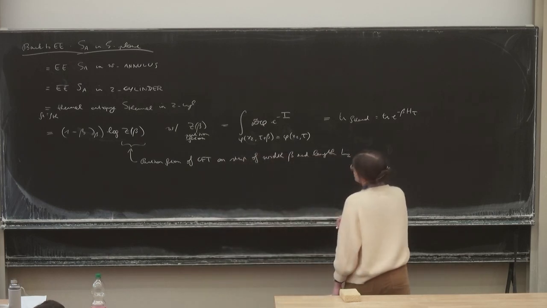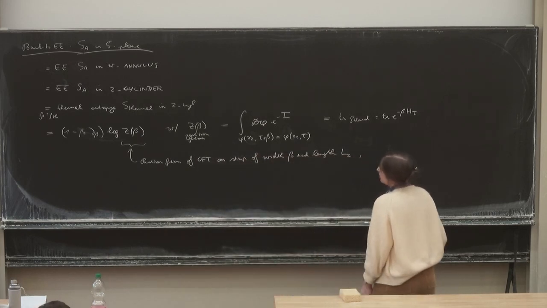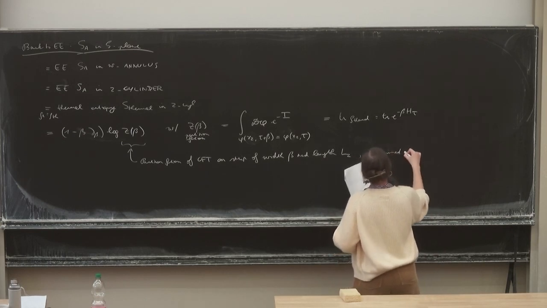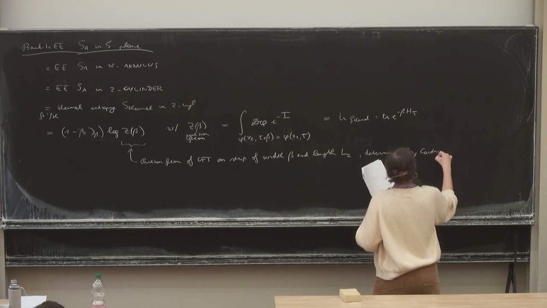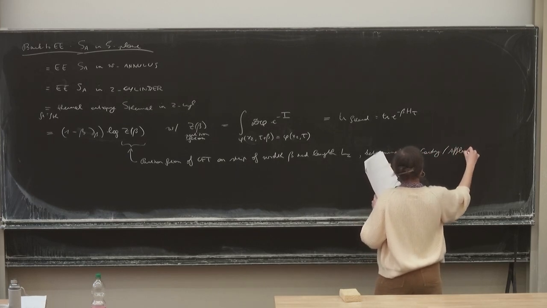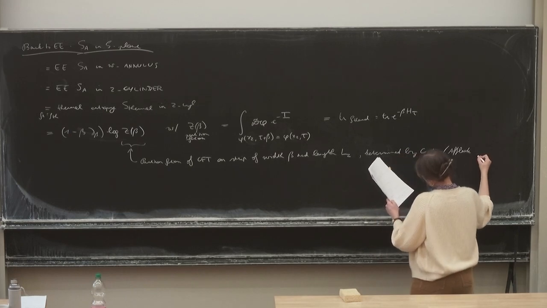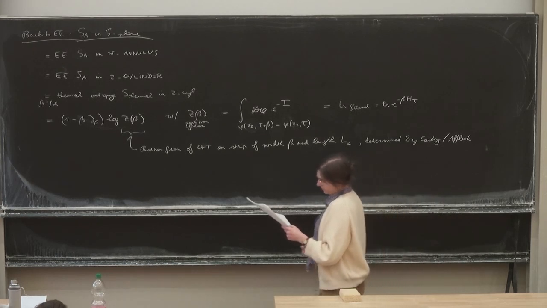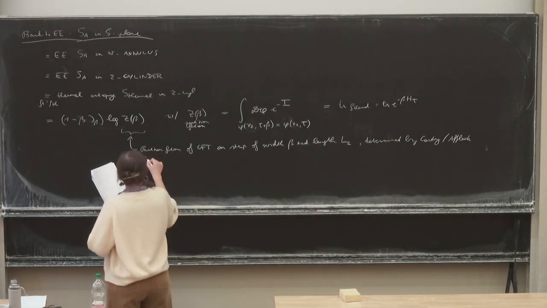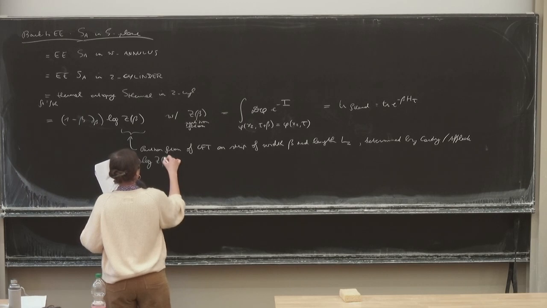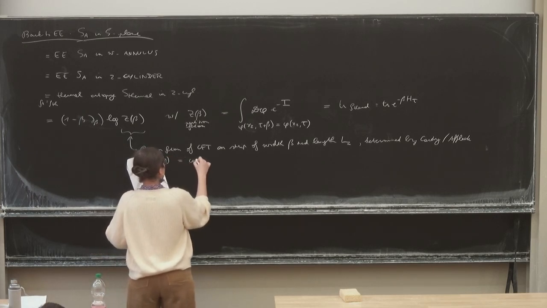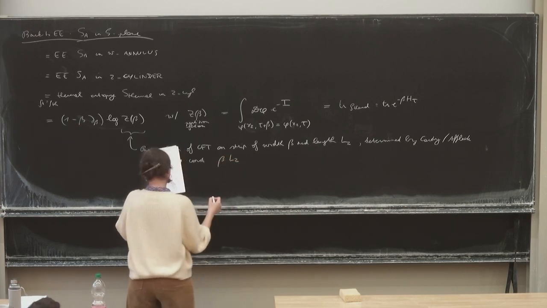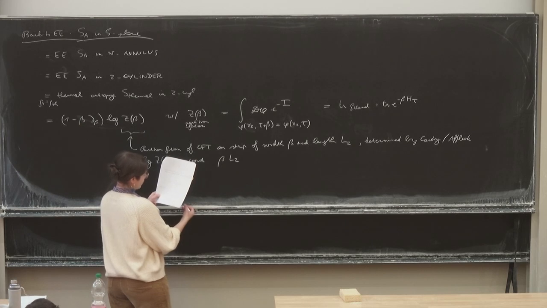Okay, and so this partition function of such a CFT was determined by Cardy and Affleck in separate papers, I think. So the references are in my notes. And what they found was that that partition function is equal to some non-universal constant times beta times the length of the strip.